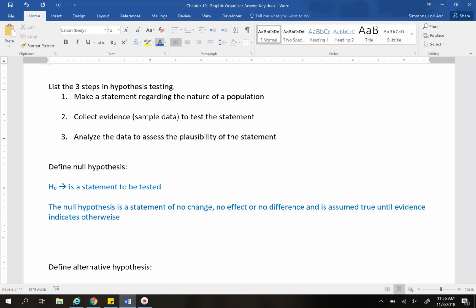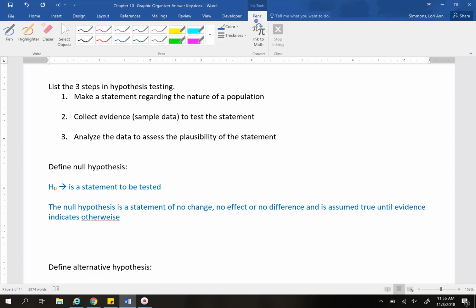So when you see this no change, no effect, or no difference, you should be thinking equals. So with the null hypothesis, it's always H sub 0. We're going to have some symbol here. So if we're talking about means, it's always going to be equals for your null.